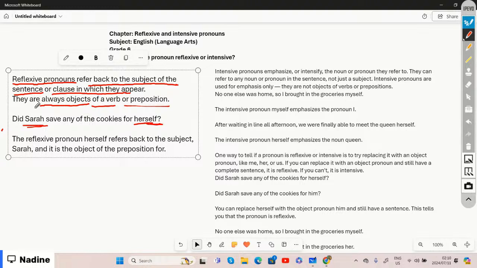It's the same as saying, did she save any cookies for herself, because now she takes the place of the noun, Sarah. That is why the reflexive pronoun, herself, needs to refer back to the subject of the sentence, which is either she or Sarah.